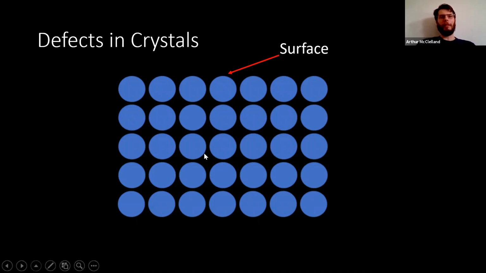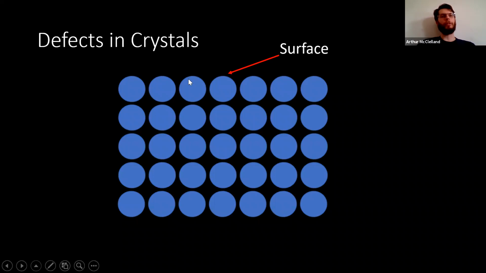The atoms in the middle are happy. They see the same environment everywhere they look. The atoms at the surface, they see something very different when they look up from when they look down. So they're in a different environment, and they are in a much higher energetic state because they have dangling bonds.